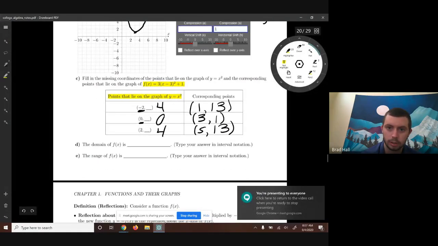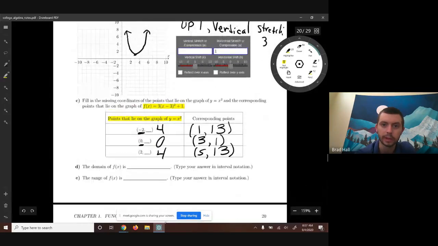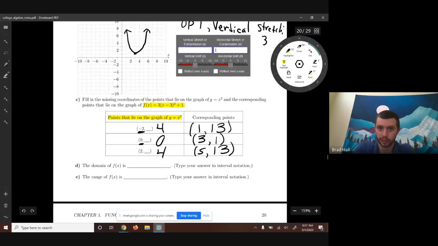So let's go ahead and move on to the domain. And now that we have the graph, the domain and the range is fairly simple to figure out given the graph. So the domain is left to right, and it deals with the x values.